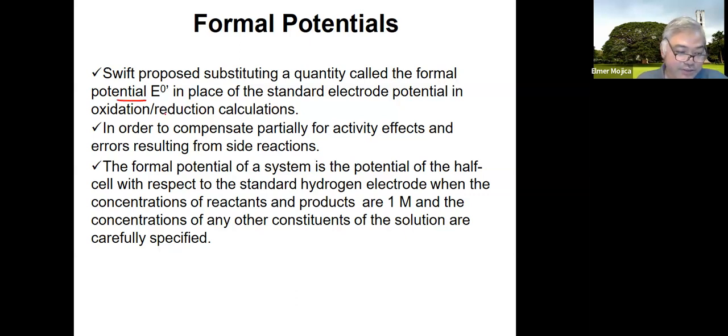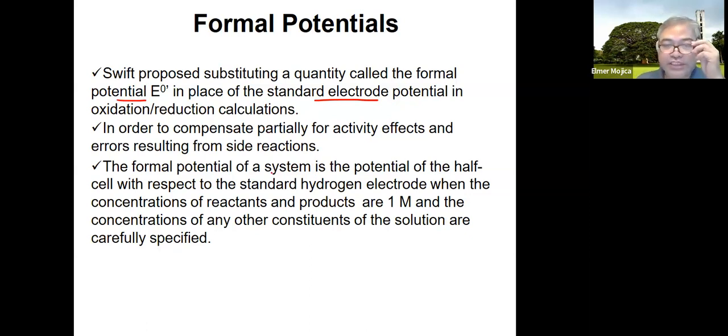Okay, so if you're going to look at this formal potential, we could say it compensates for problems with standard reduction potential or standard electrode potential, using activity and the side reactions in place of the standard electrode potential in redox calculation. So this is based on the conditions of 1 molar.